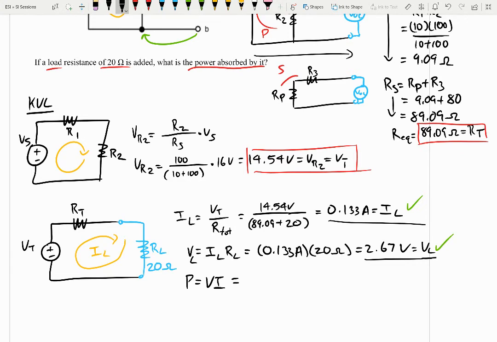So if we take those two, plug them in, we will get 0.354 watts. So P of load.